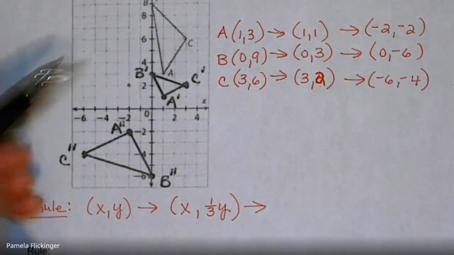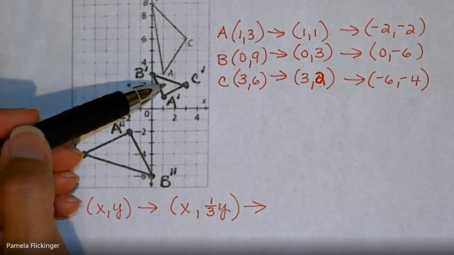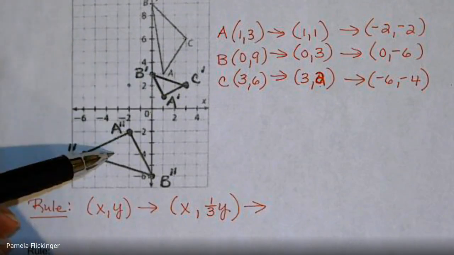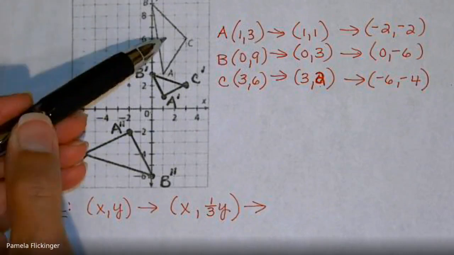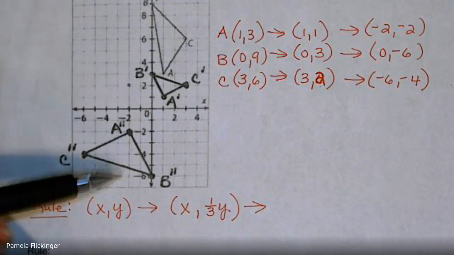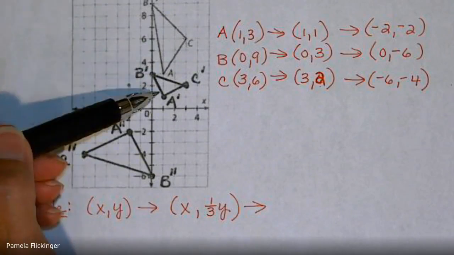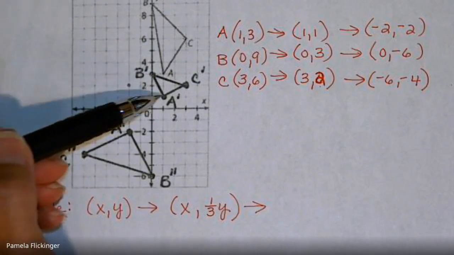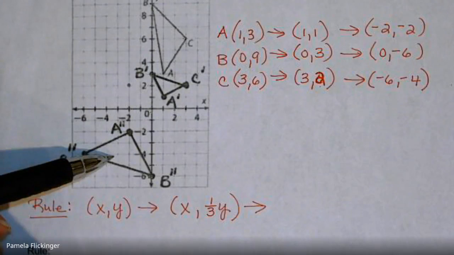Hopefully you can tell that did get larger. And the first picture looks like it did get a little smaller, but the first one was not a true dilation. And this one looks like it might be.